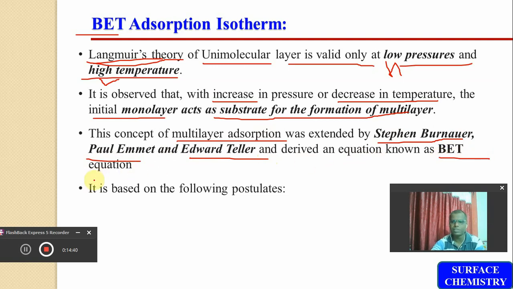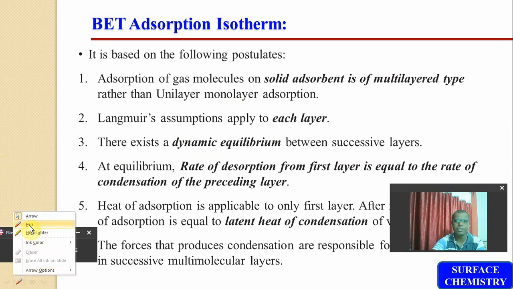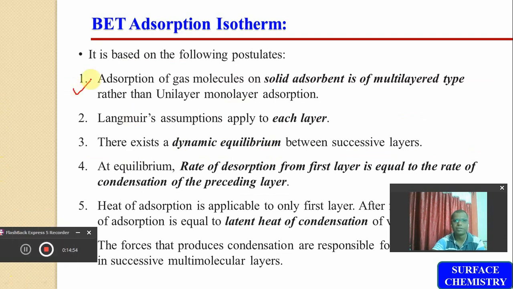The derivation of the BET equation depends upon various assumptions, which can be stated as follows. The first assumption stated by BET is that the adsorption of gas molecules on the solid adsorbent is of multilayer type rather than unilayer or monolayer adsorption.